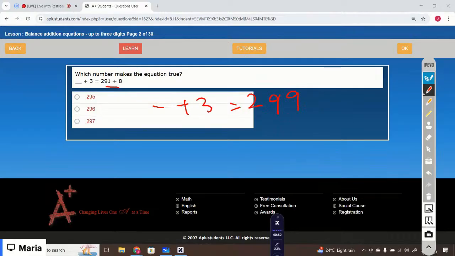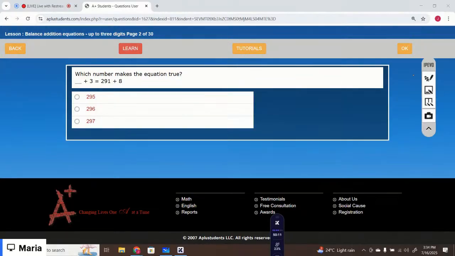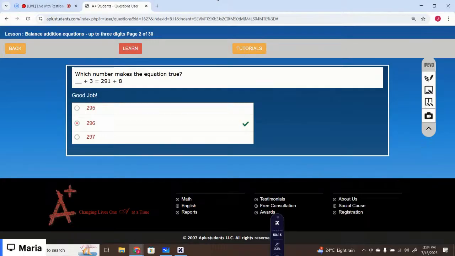So what number plus 3 makes 299? That is 296 plus 3. The correct option is 296. Option number 3 is the correct option.